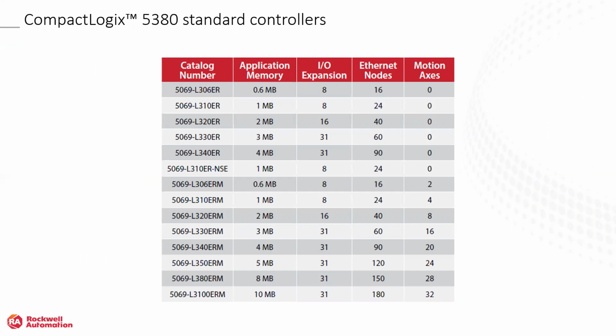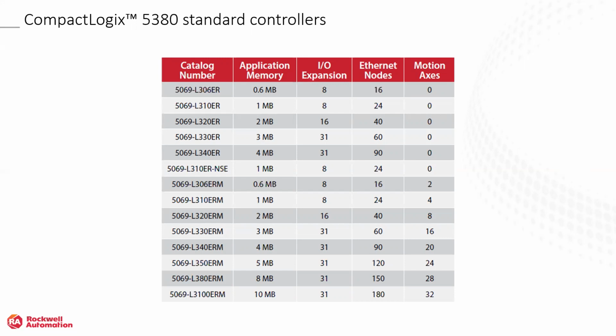So the 306 is the lowest end of that family with 0.6 megabytes, 8 expansion modules, and up to 16 Ethernet nodes with no motion. So motion control in the 5380 family will be indicated with an M at the end. So the ERM, the M for motion.